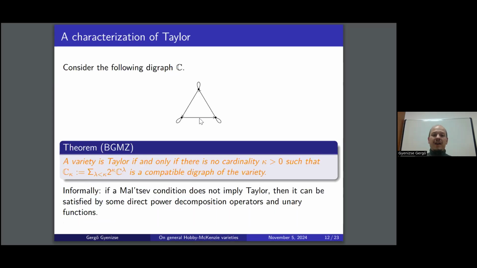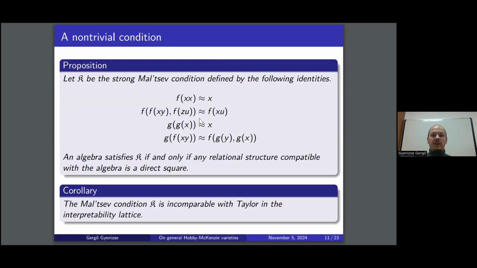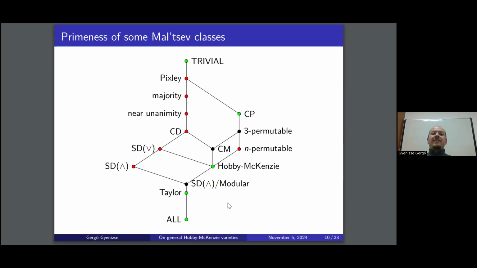But it's not hard to prove that we cannot define Taylor operations on C. So this is a condition that's outside Taylor. Actually, there is life outside Taylor. There are interesting Markov classes outside Taylor, but not too many.